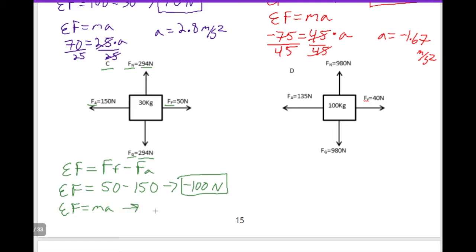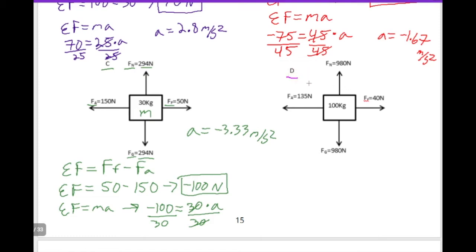Therefore, that gives us negative 100 is equal to the mass. The mass this time is 30 times acceleration. Solving for acceleration, we need to divide both sides by 30. Doing that gives us an acceleration of negative 3.33 meters per second squared.